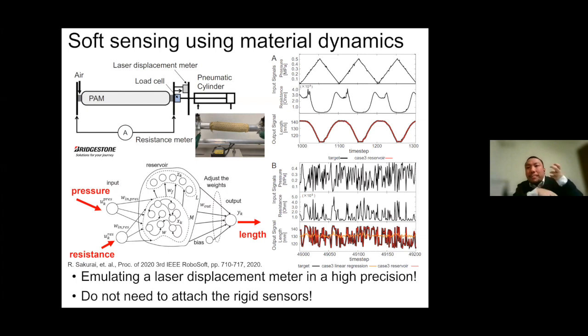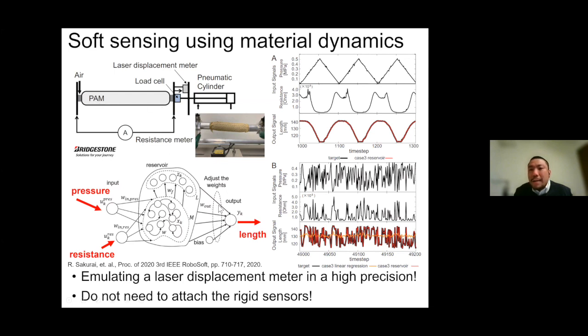So when you pressurize this pneumatic actuator, the rubber part deforms. And according to the body dynamics of this material, it shows some resistance change. So by taking this resistance and applied pressure, we inject these values into the reservoir and then try to predict the length of this pump.